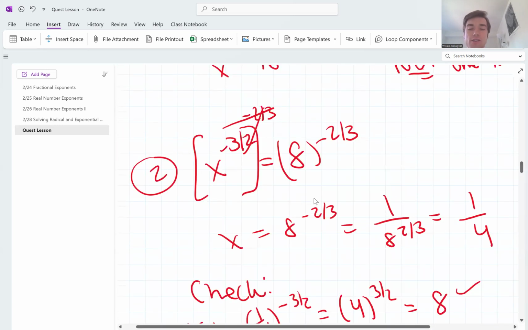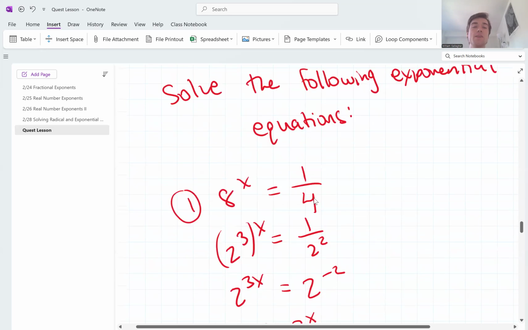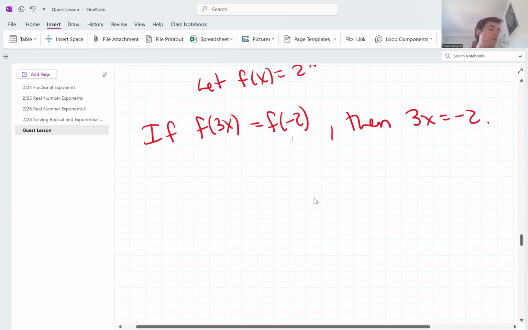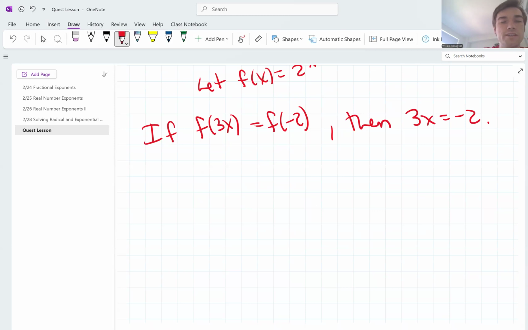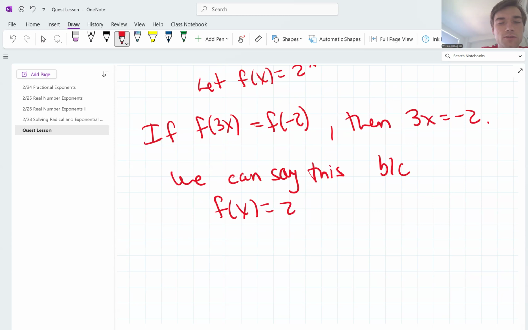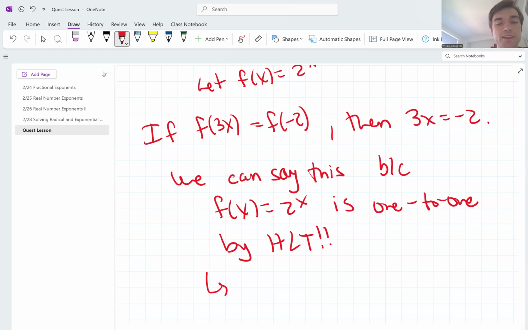So the takeaway here is that we can do this because our exponential functions are 1-to-1. We can say this because f of x equals 2 to the x is 1-to-1 by the horizontal line test. And in this case, we do have the graph, so we can use it.